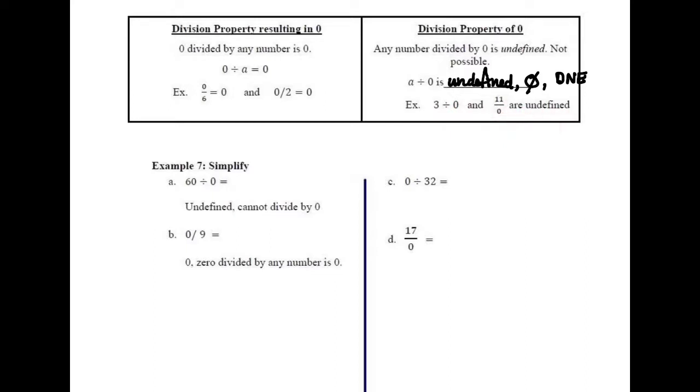Now I'm going to get a blank page and explain something so that it makes more sense. If we had 6 divided by 3 equals 2, we know that. Now we're going to check it. 2 times 3 equals 6.